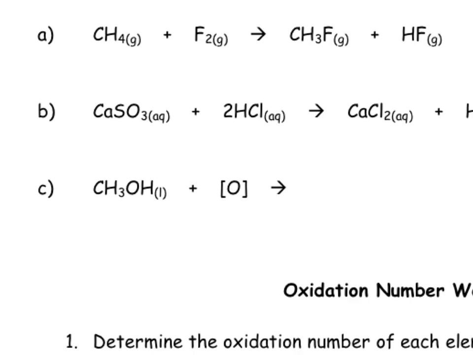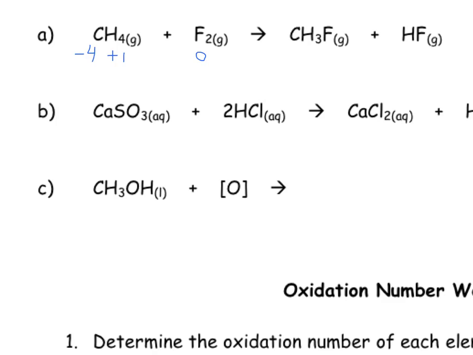Start by writing oxidation numbers for each element in the following compounds. For CH4, hydrogen will have a plus 1. In order to balance to 0, it means that carbon must have a minus 4. F2 will be a 0 because it's an element.